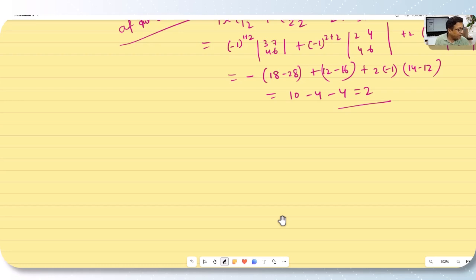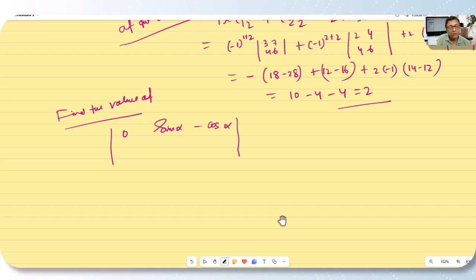So let us evaluate one determinant of order 3 in this form. Just evaluate, find the value of 1 0 sin alpha, minus cos alpha, minus sin alpha 0 sin beta, cos alpha minus sin beta 0.